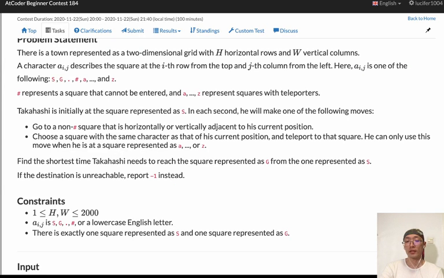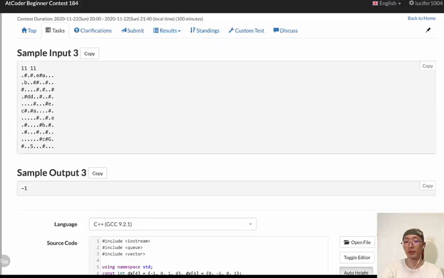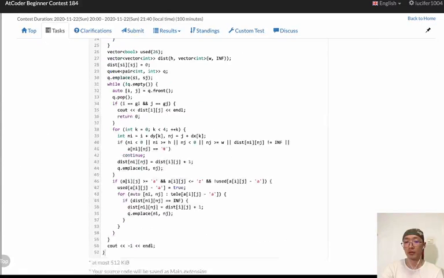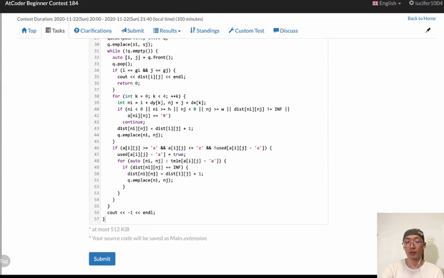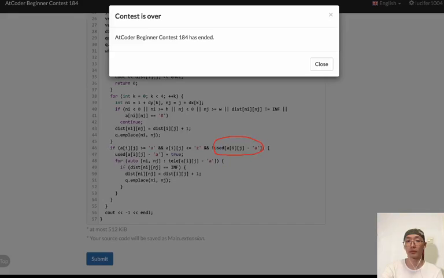So with this optimization, let's see the code. We will use a teleport only if this type of teleport has never been used before.